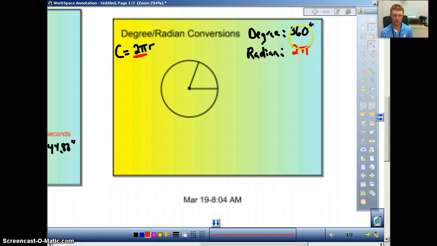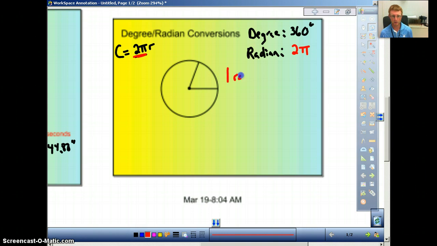So 360 degrees is equal to 2 pi. It's the exact same thing. So what we have to do is be able to actually convert between the two. If I know that this angle right here is a certain degree, I should be able to convert that into radians. And the same thing is true if it's radians, I should be able to convert it into degrees. So here is just some information for you.